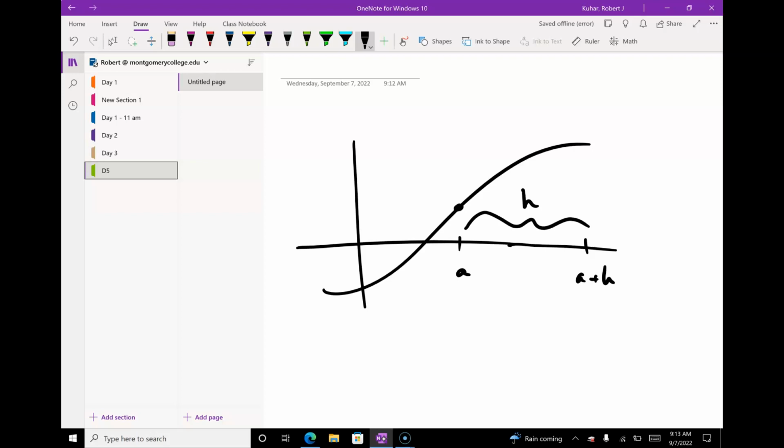Where this distance is H, right? And I'm drawing the line between those 2 points, and I'm going to let H go to 0, right? So imagine H getting smaller, smaller, until I get right to my tangent line, right? Oops. Don't worry about that last green one.